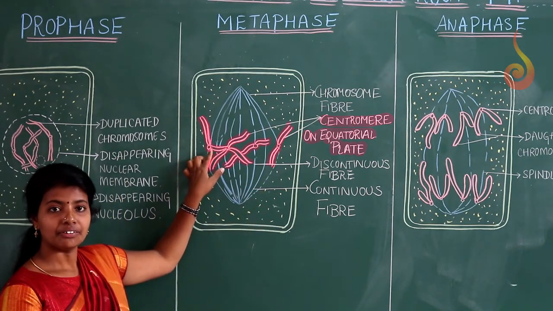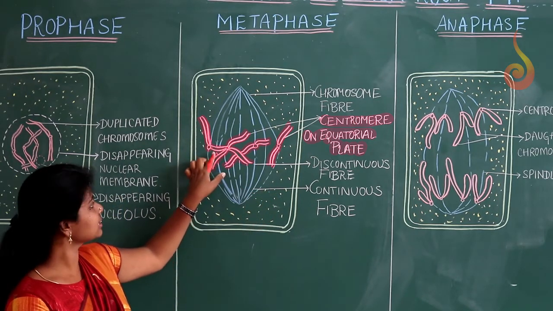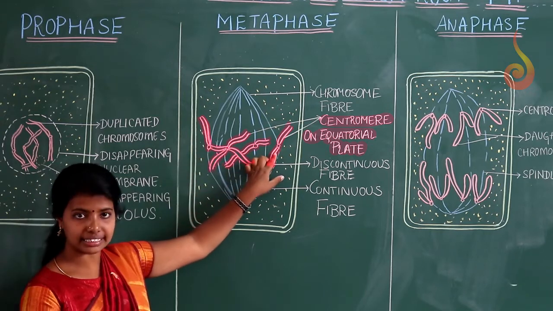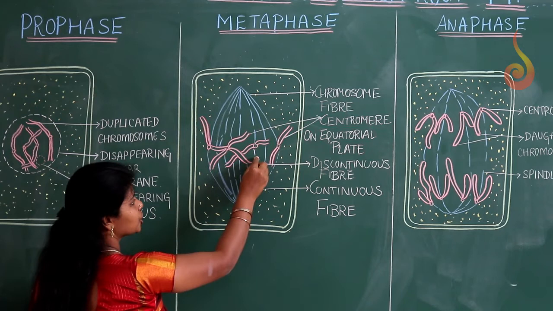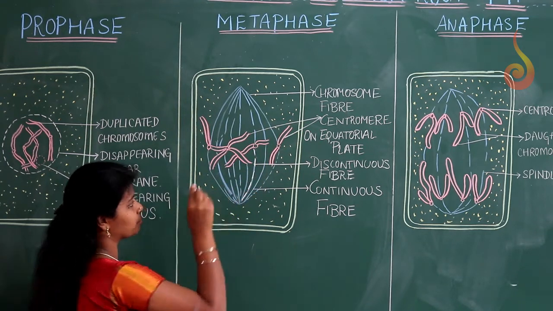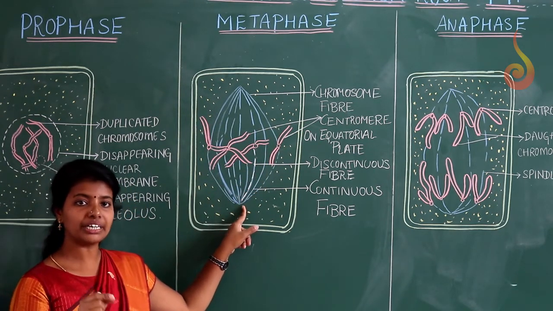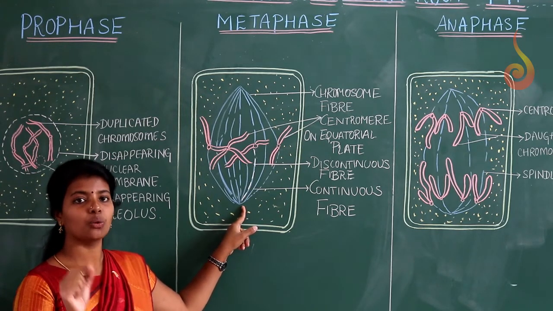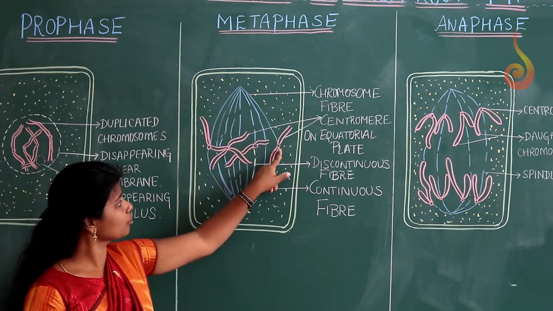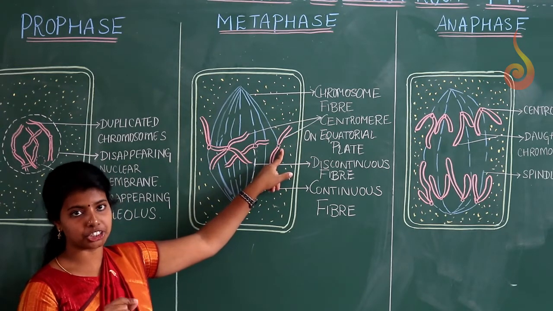Now we can observe here the centromeres are aligned in the center, and to the centromere there are attached proteinaceous fibers which are called spindle fibers. So these spindle fibers will hold the centromeres in proper position.